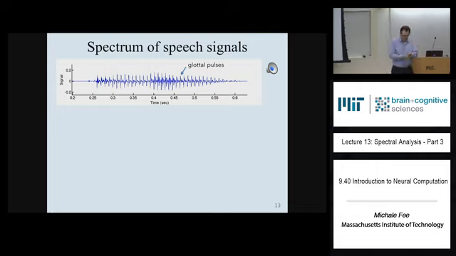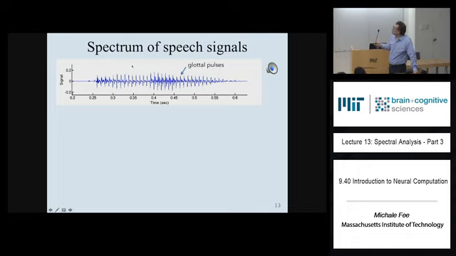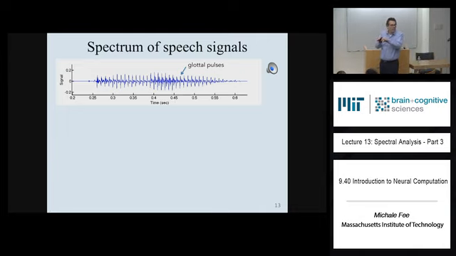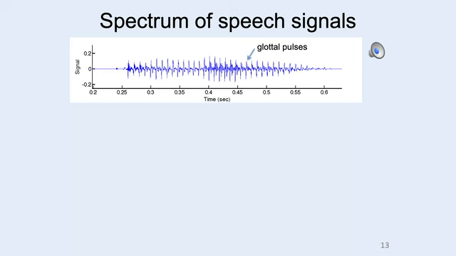And so that periodic signal right there, those pulses in pressure, the microphone is recording pressure, remember, are due to your glottis snapping shut each time it closes during that oscillatory cycle. The period of those glottal pulses is about 10 milliseconds in men and about 5 milliseconds in women.